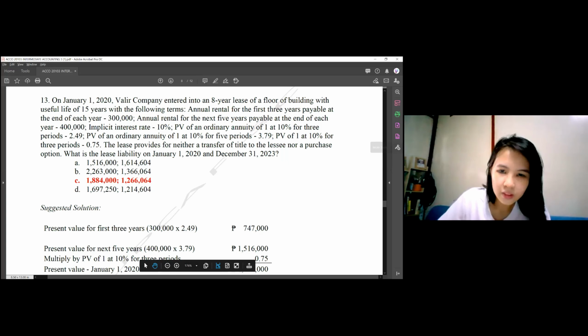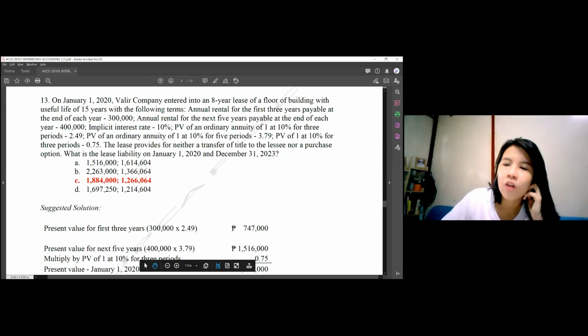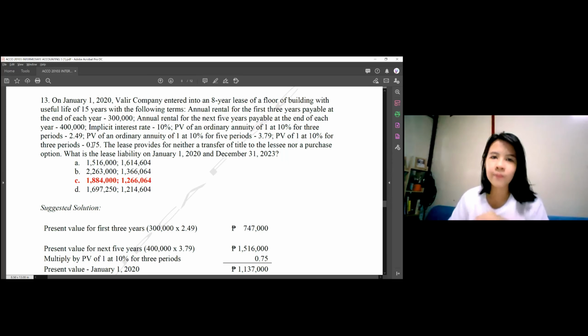But the thing is, you need to multiply it by the present value of 1 at 10% for 3 periods. Kasi magsa-start yung 5 years mo, hindi na now eh. Hindi ngayon magsa-start yung count ng 5 years. Magsa-start siya after 3 years pa. Okay? So, let's multiply it by 0.75 again. So, that will be 1.1 million.